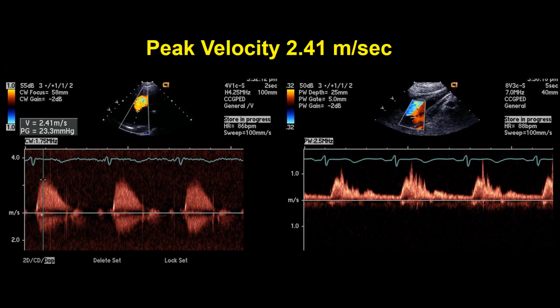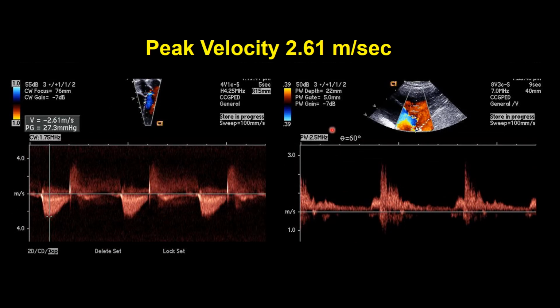Okay, we're up to 2.41 meters per second. Again, we can see the fluctuating velocities, these spikes here, but the primary wave is still intact and not much variability.